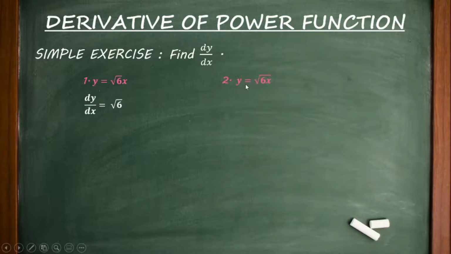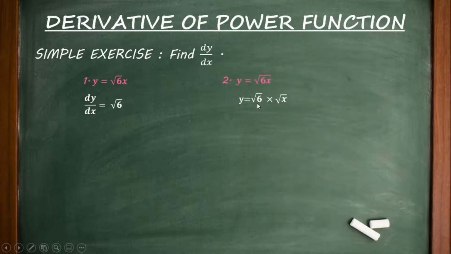Then exercise 2, y equal to 6 root x. The square root is also inside the x, and then for dy dx we can separate it first to make it easier: root 6, because of the theorem of root 6.